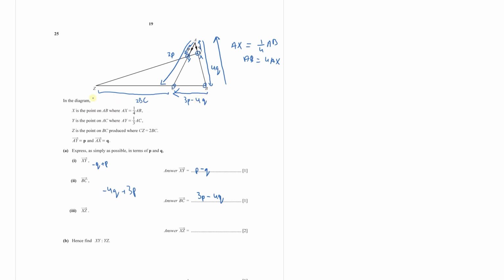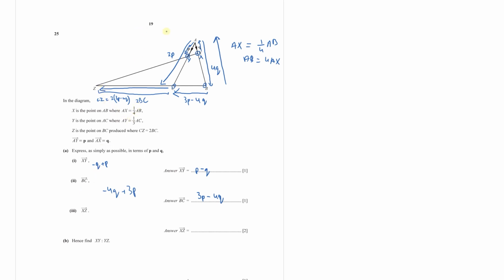Let me represent CZ in terms of P and Q. So CZ becomes 2 times BC, so 2 times 3P minus 4Q. This is this value here, CZ.